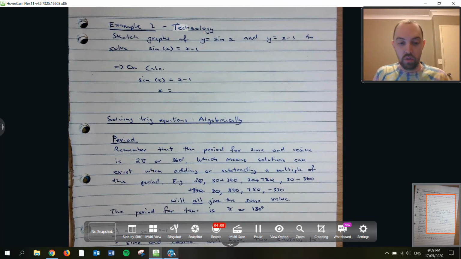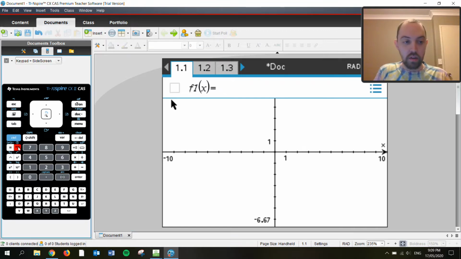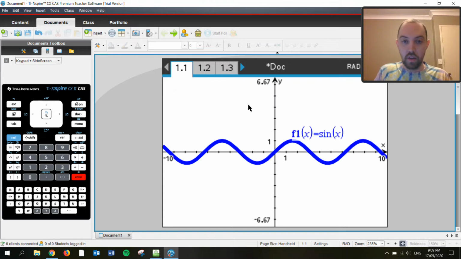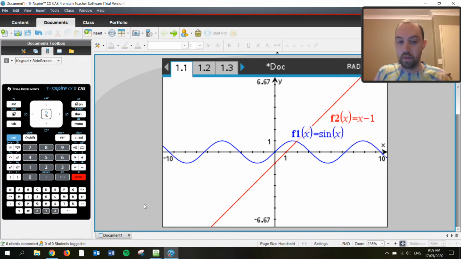So I'm going to use the CAS calculator to graph both of these. Both sine of x and x take 1. Where these two graphs or functions intersect, then we have our solution.